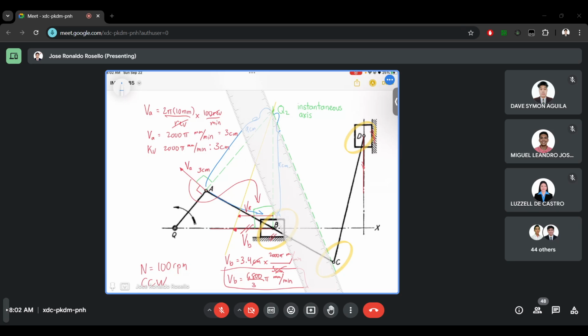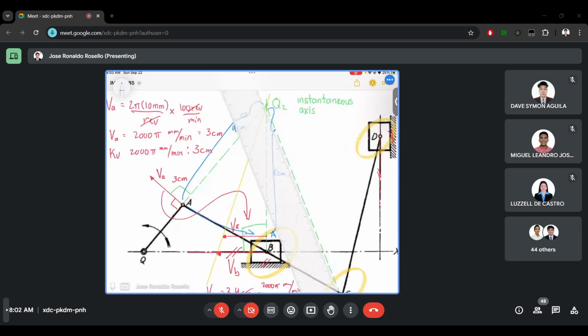We will make the 9 centimeters also going to the line going to point C. So 1, 2, 3, 4, 5, 6, 7, 8, 9. So this is A. So this is 9 centimeters also.